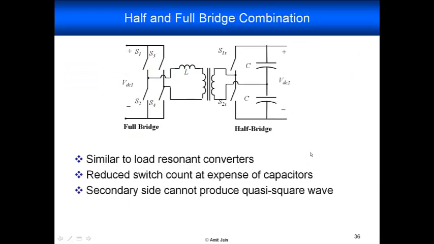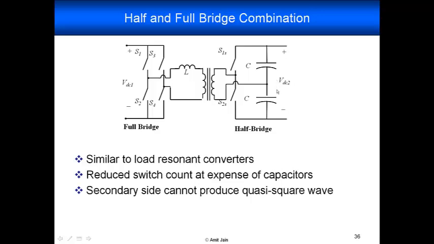The dual active bridge converter was introduced with full bridges on either side of the transformer, but it is possible to have a similar operation with a half bridge also. So that you can use, instead of a full bridge to produce the square wave, a half bridge to produce a square wave, similar to load resonant converters.